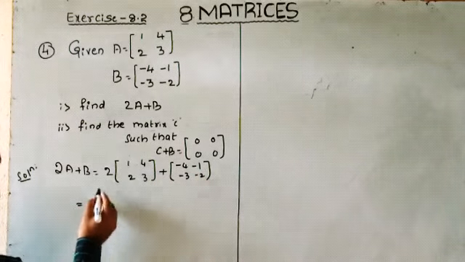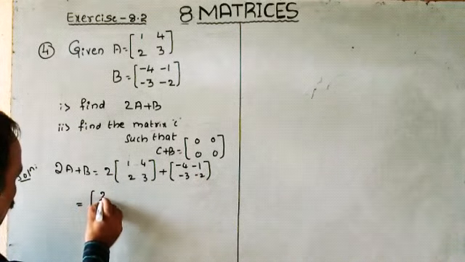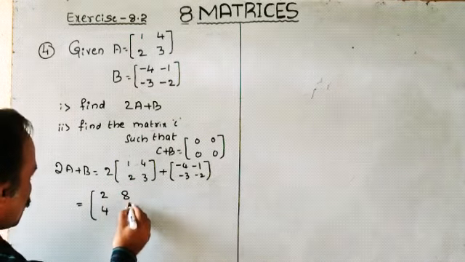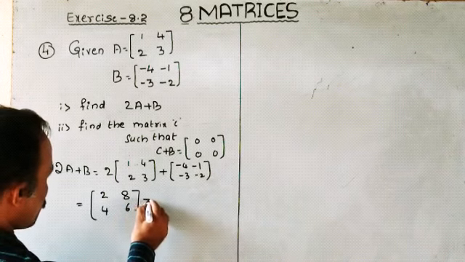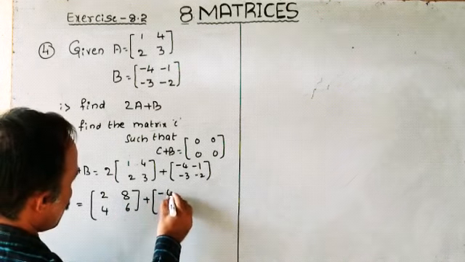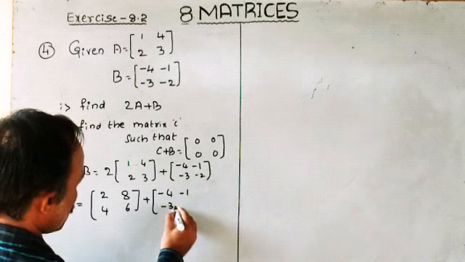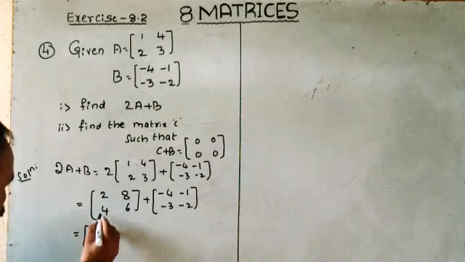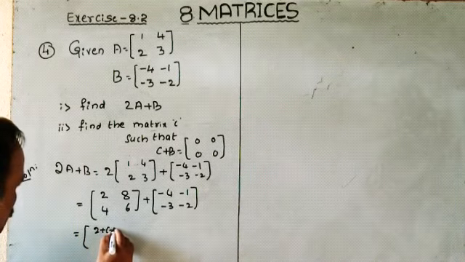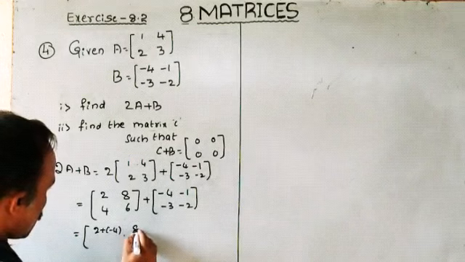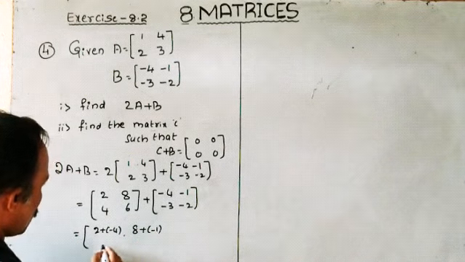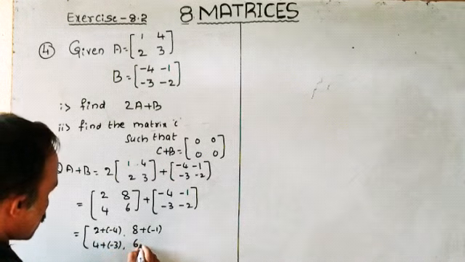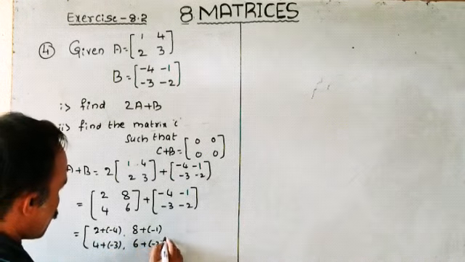So this is equal to 2 into 1, 2, 2 fours are 8, 2 twos are 4, 2 threes are 6, plus minus 4, minus 1, minus 3, minus 2, corresponding elements: 2 plus of minus 4, 8 plus of minus 1, 4 plus of minus 3, 6 plus of minus 2.